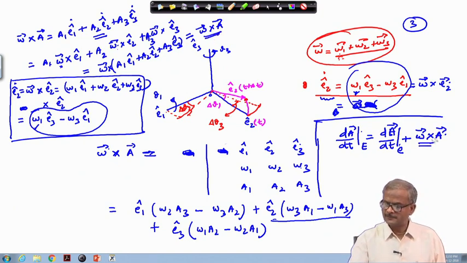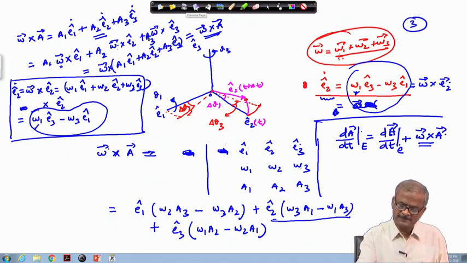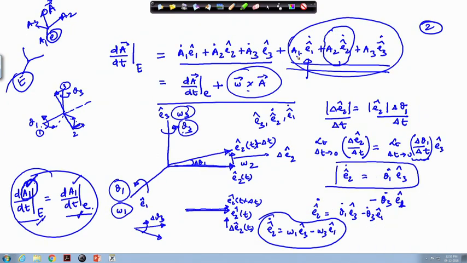So omega cross A, what we have written here, is A1 times E1 dot, A2 times E2 dot, for each of them we have already expanded.